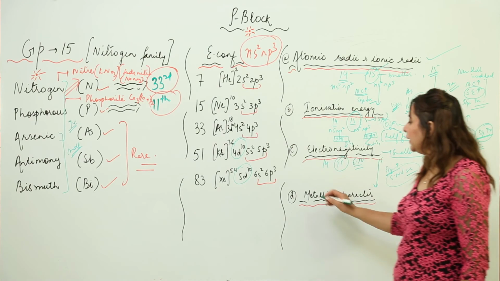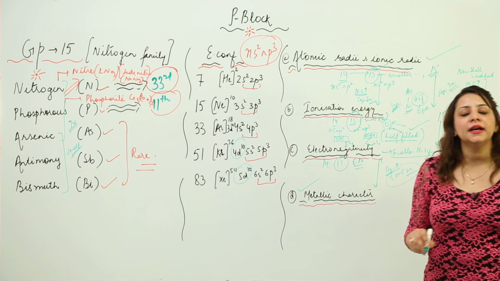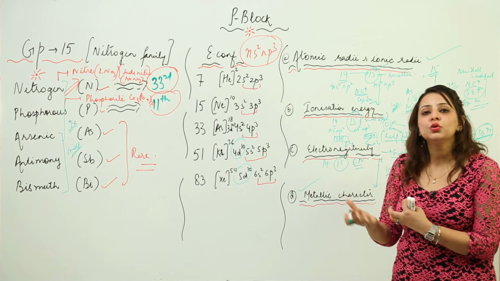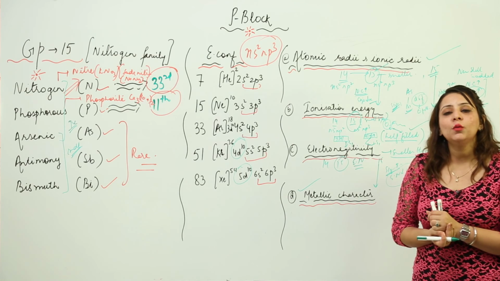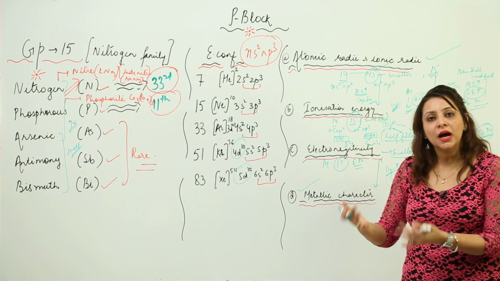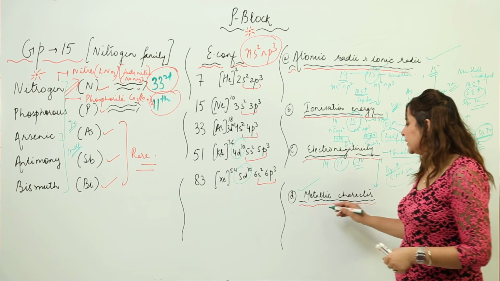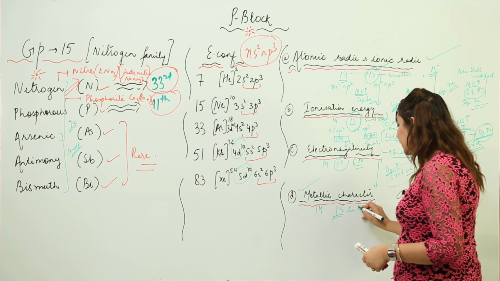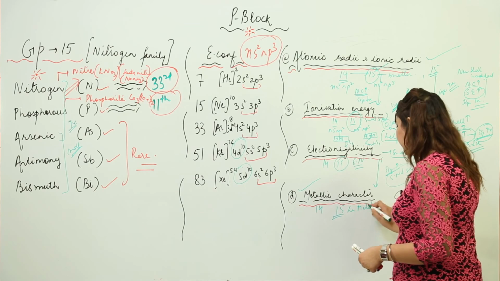Now coming to the metallic character, we see whether they are metallic or not. Metallic ones are those which have the ability to lose electrons, and non-metallic ones are those which have a tendency to accept electrons. If we compare groups 14 and 15, group 15 is less metallic. Why?